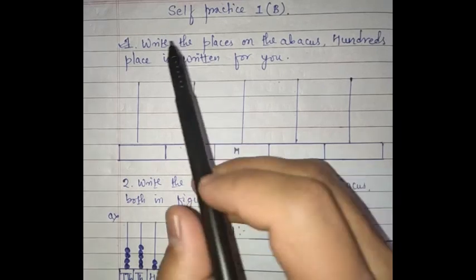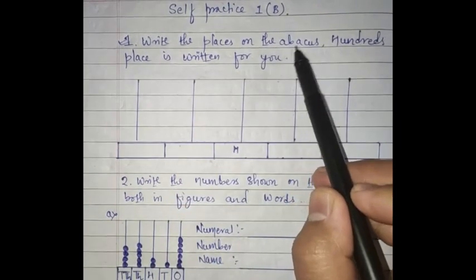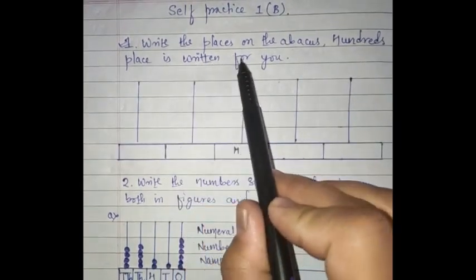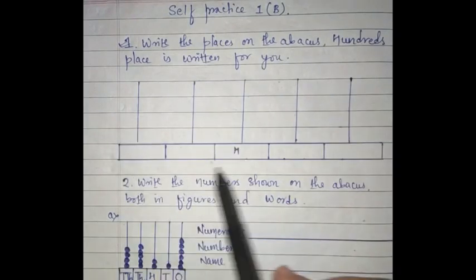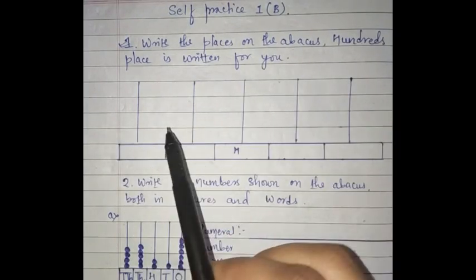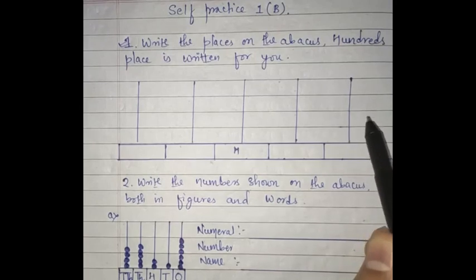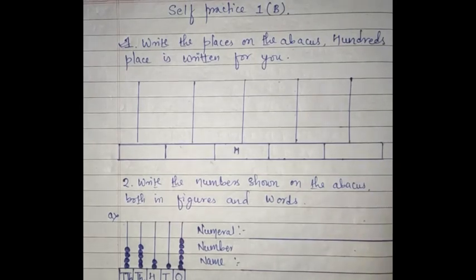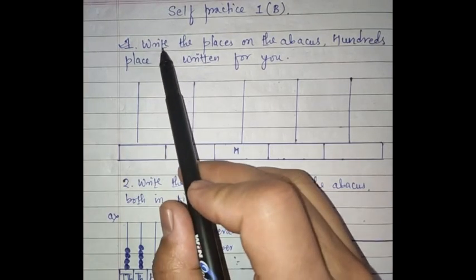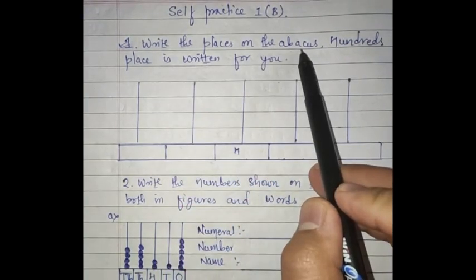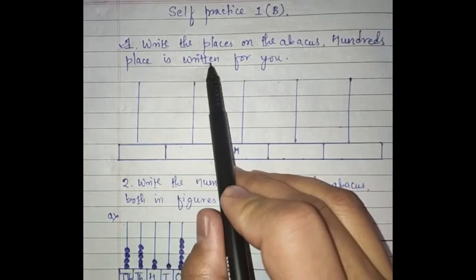Write the places on the abacus; the hundreds place is written for you.